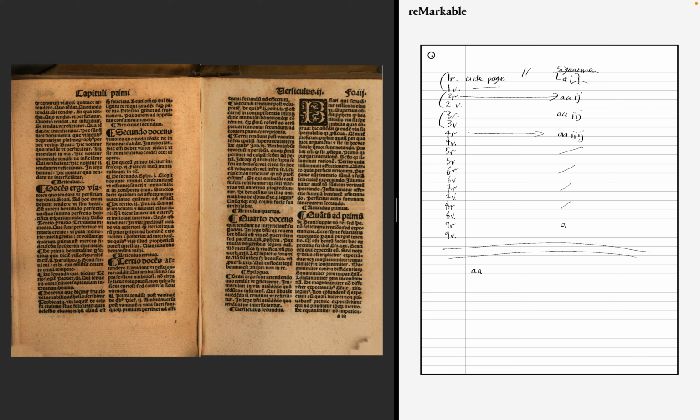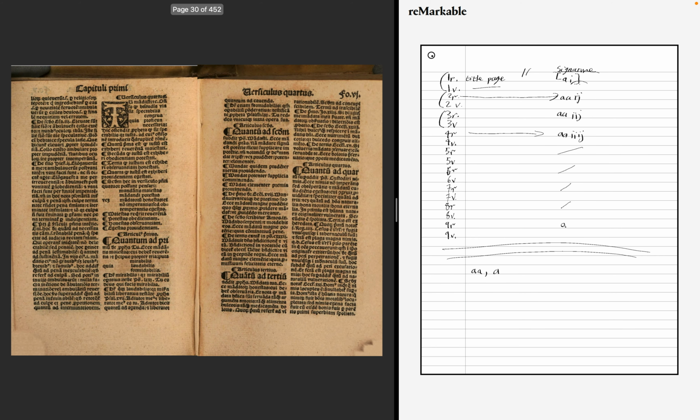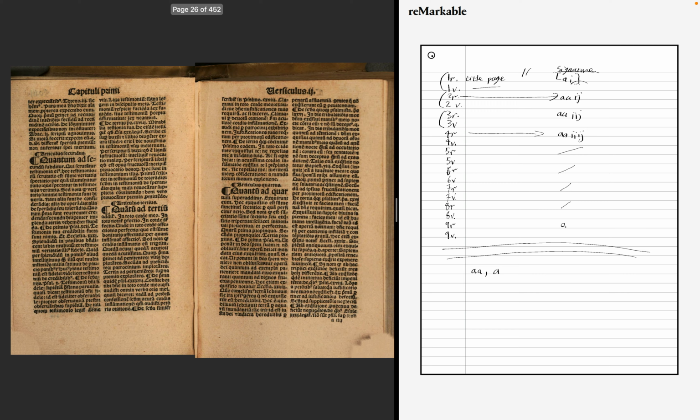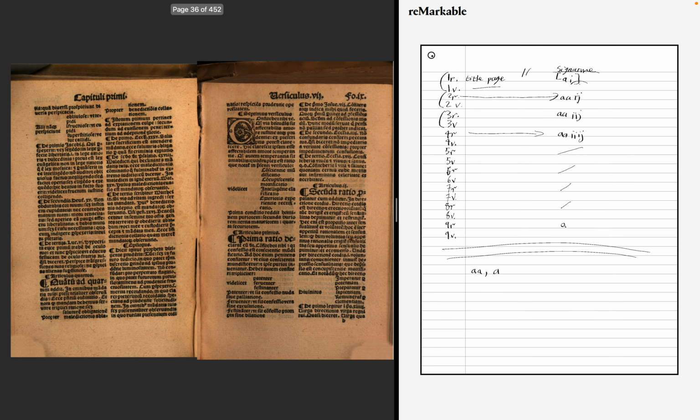So we have AA, and then we have A, A4, A5, A6, A7, A8, and then B. We're going to make notes down here if anything's wrong.